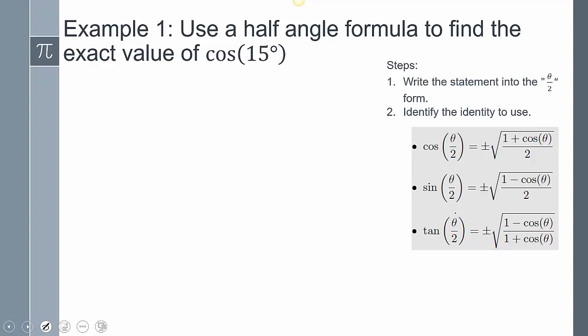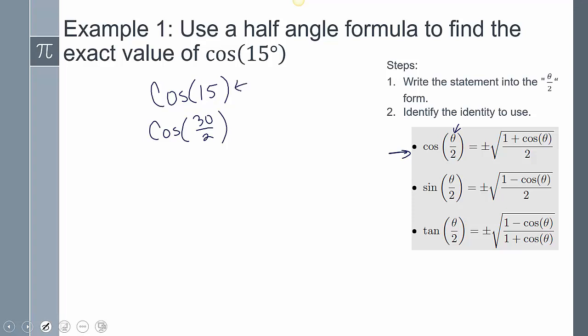So this first one says use the half angle formula to find the exact value of cosine of 15 degrees. Well, I know this is my cosine ratio, and so I need to write it as theta over 2. So I'm going to say the cosine of theta over 2. So now that it's in that form, I can use the identity.